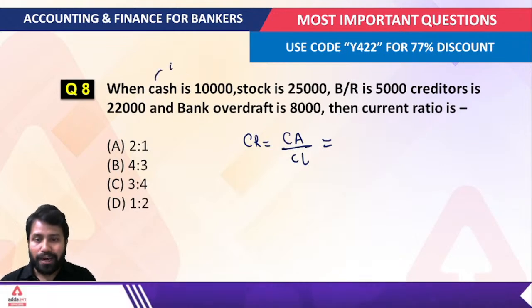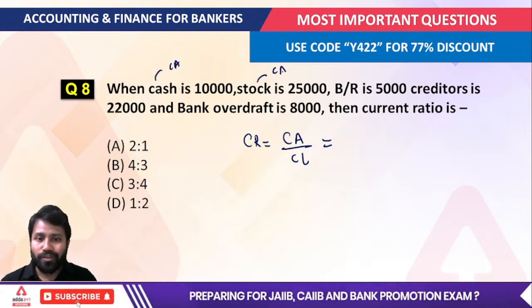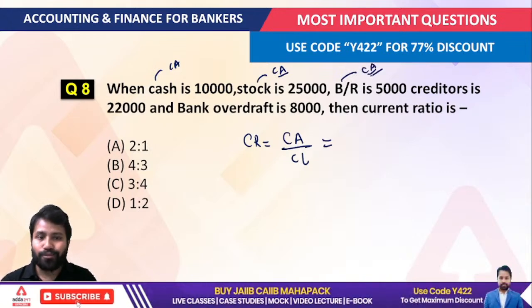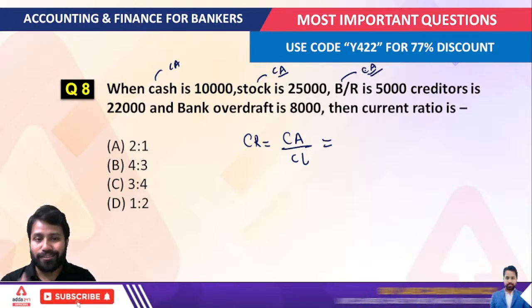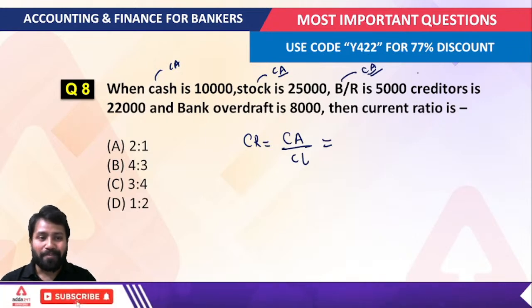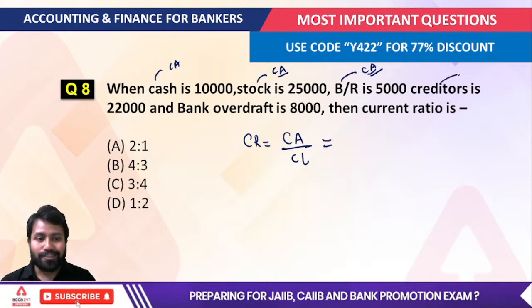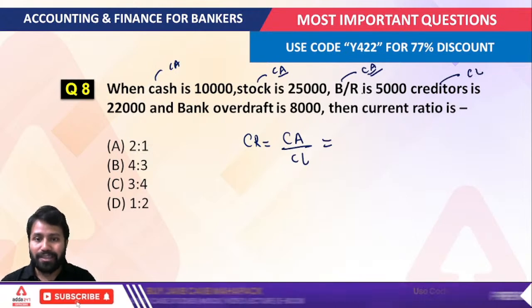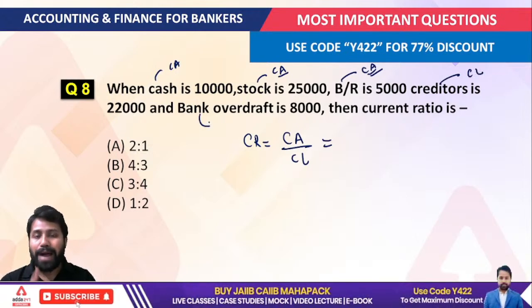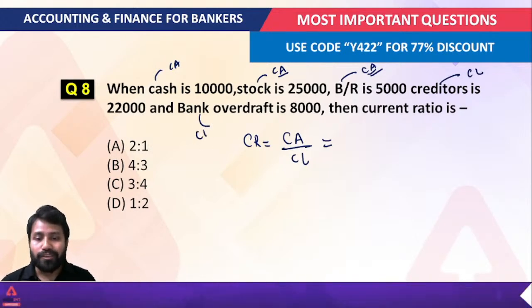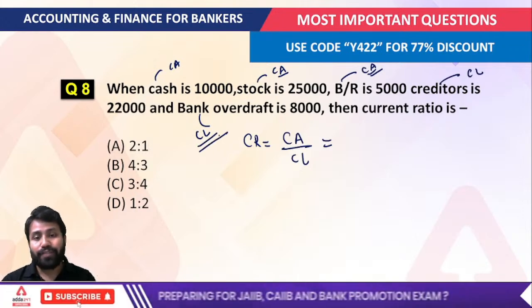Cash is your current asset, stock or inventory is your current asset, and bills receivable is definitely a current asset, since you can convert it into cash. Creditors are your current liabilities. Bank overdraft, remember, is always your current liability.